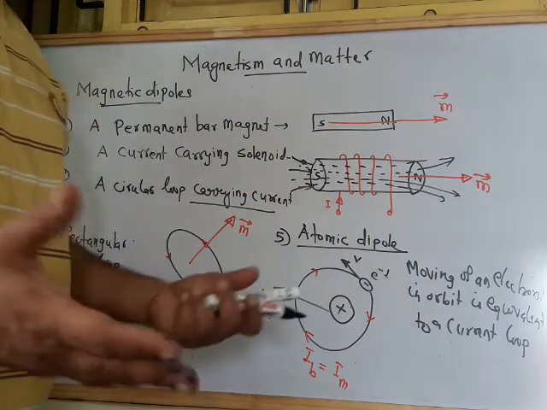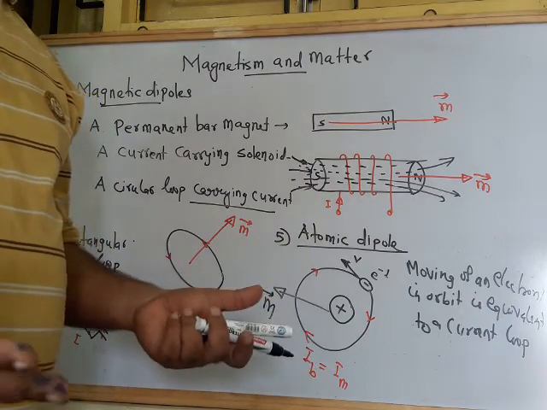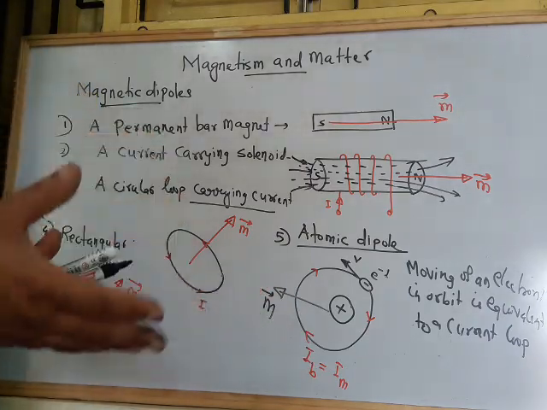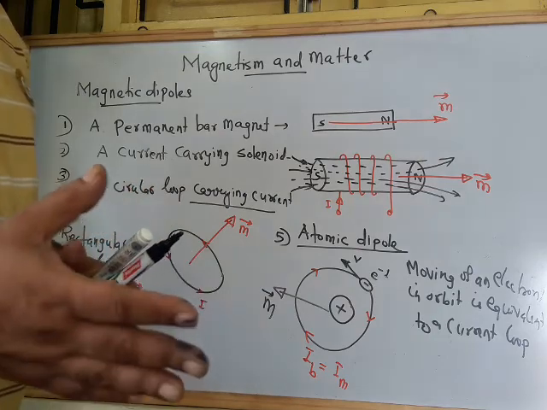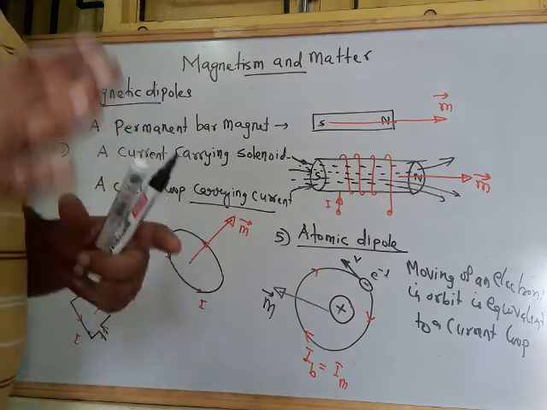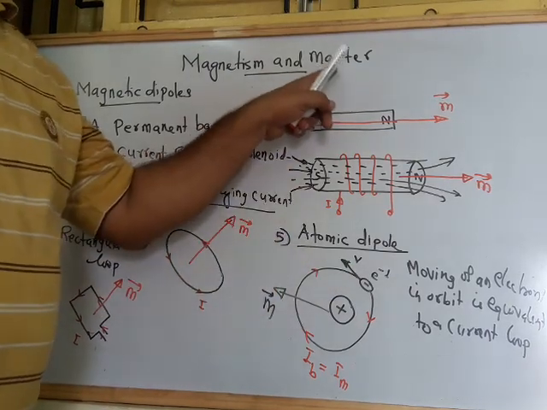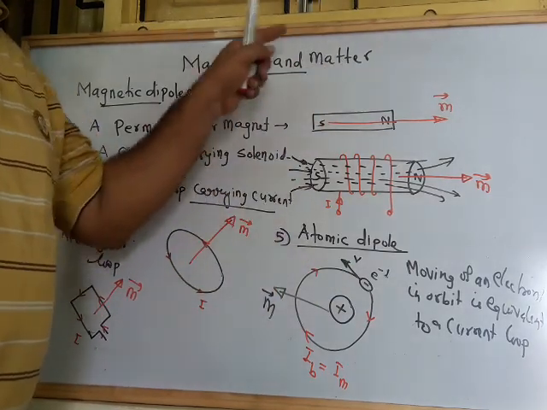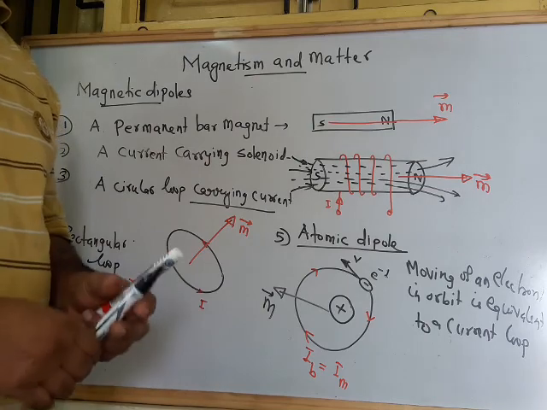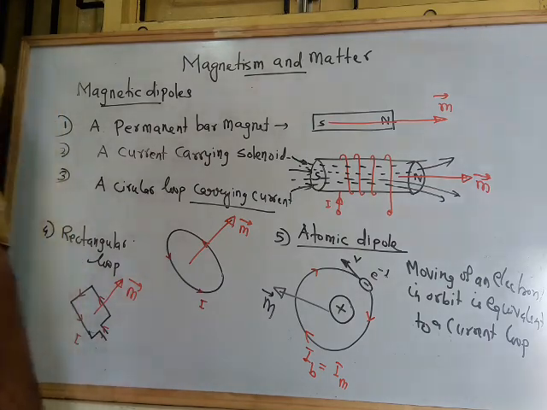So with this alignment, there are various terms associated with magnetism in matter. That thing we will be looking at in the next class.